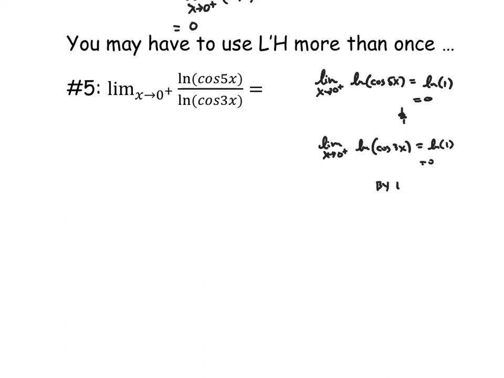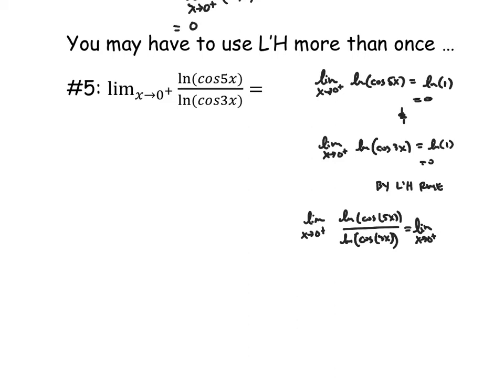Therefore, by L'Hopital's rule, the limit as x approaches 0 from the right of the ln of cosine of 5x over the ln of cosine of 3x, it's going to get kind of messy here. We're going to take those derivatives, which will be equal to 1 over cosine of 5x times the derivative of cosine of 5x.